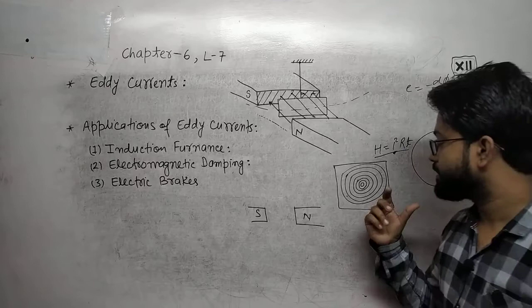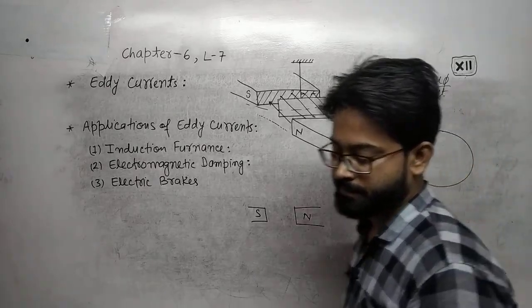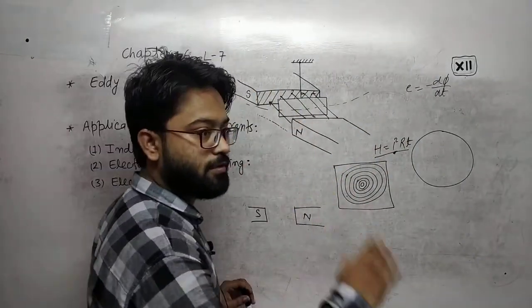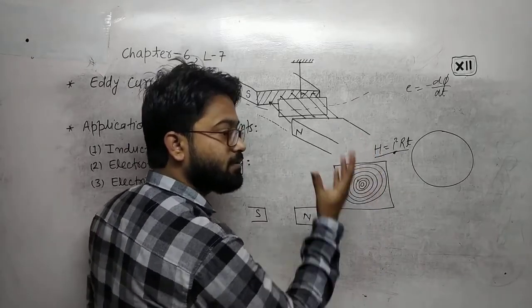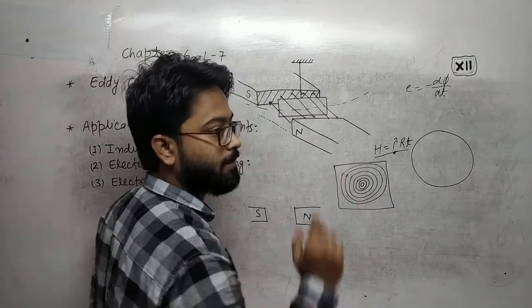If the heat is sufficient to melt the plate, if we apply a sufficient strength of magnetic field, the current will produce the heat, and that heat can melt the plate.